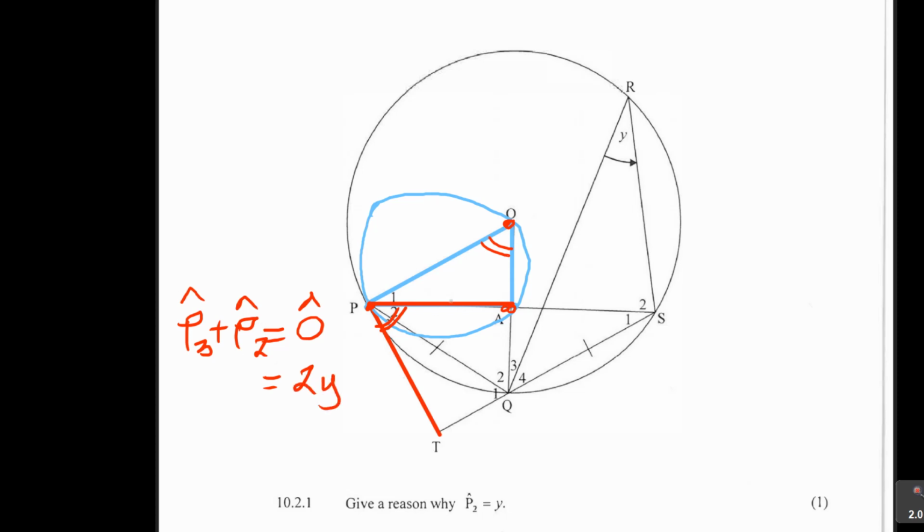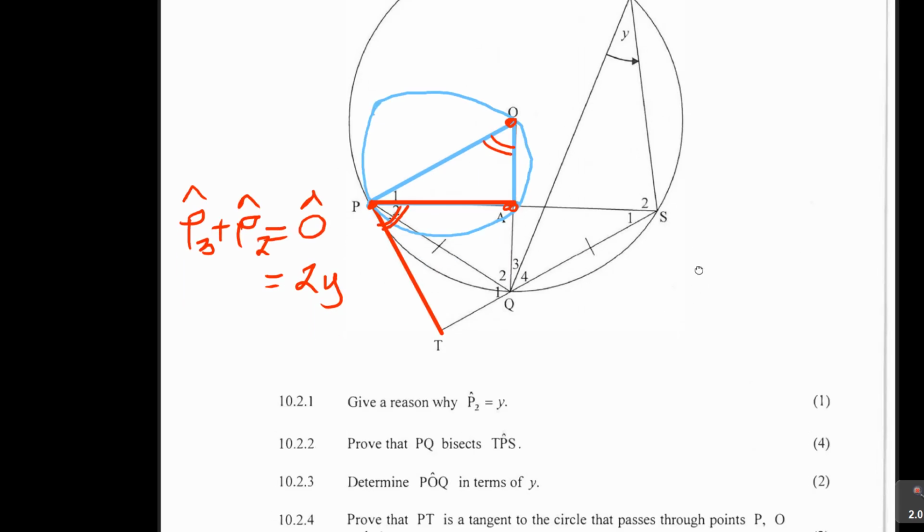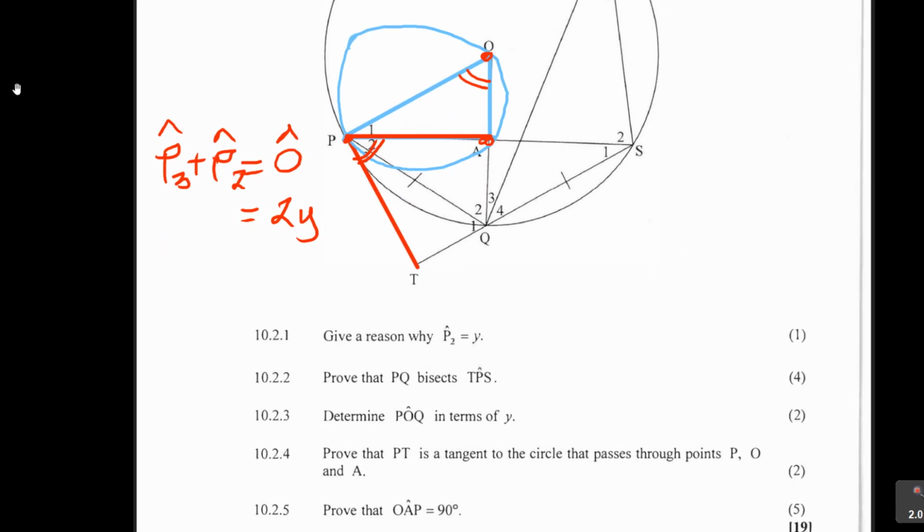And then what is P2 and P3? They told us that this is a bisector, so this angle is y, that angle is y. So which is y plus y. So in this case 2y is equal to 2y.